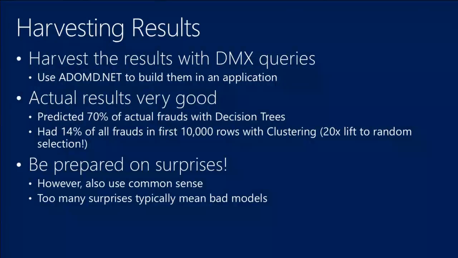As I mentioned, we got a very, very good result in one case. Also in other cases, reasonably good. However, be prepared for surprises and please use common sense. Too good results mean something is wrong. Especially, I didn't go into details of decision trees. But how the decision tree algorithm works, it kind of tries to please you.